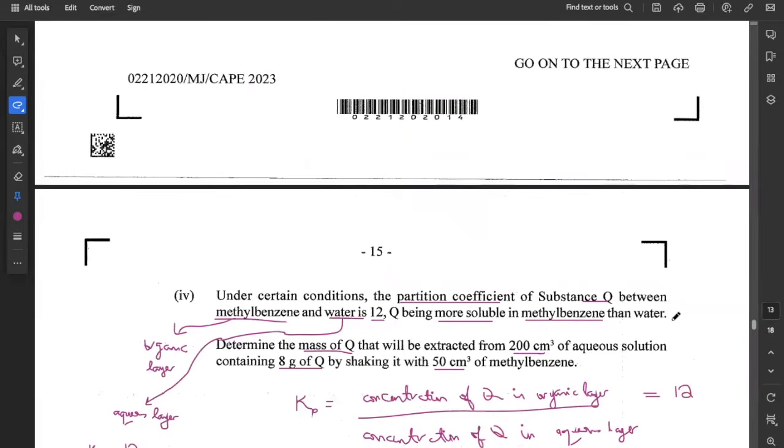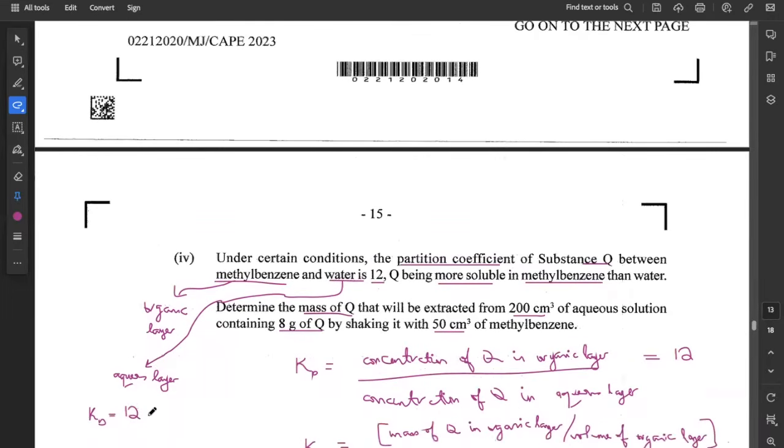So again, this is going right back up to our definition of solvent extraction. We have a substance that's more soluble in methyl benzene in this case, which is our organic layer, and it's not as soluble in water, which is then going to form our aqueous layer. And they told us that the partition coefficient, so that equilibrium constant, is 12, right?